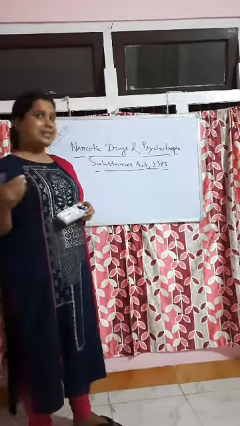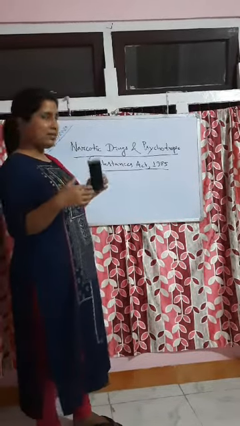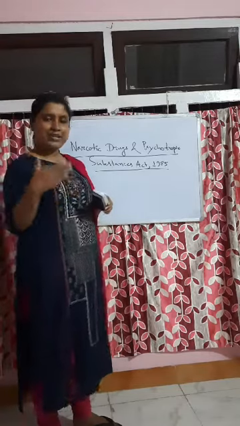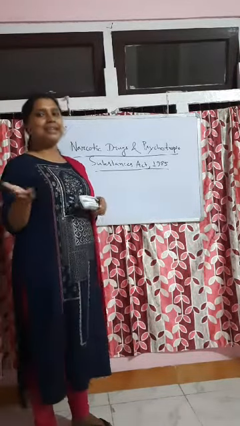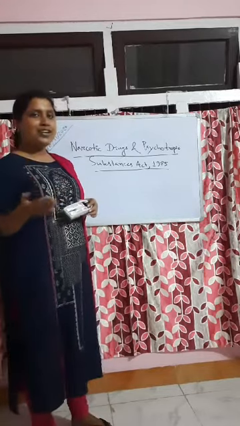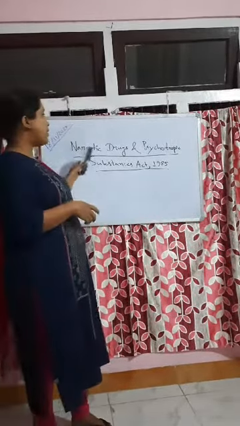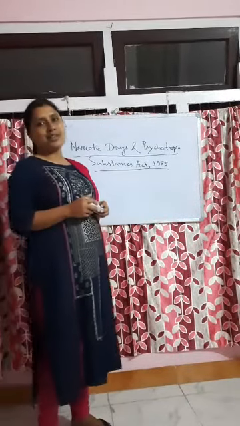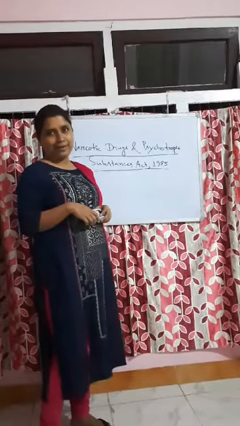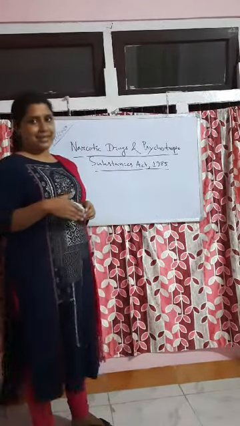Narcotic drugs क्या होता है? It is a very simple thing, but the term is different, that's why it is unfamiliar to you. But when I explain this term, you will know that it's a known substance to you. Narcotic drugs are the drugs which are used to reduce pain. This kind of drugs are generally called analgesics.